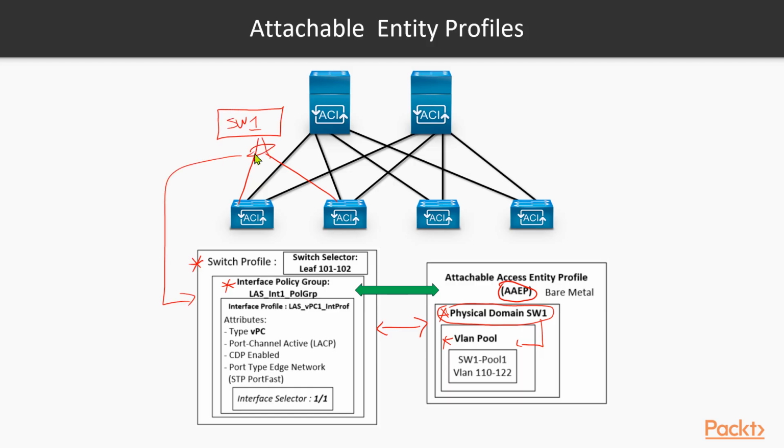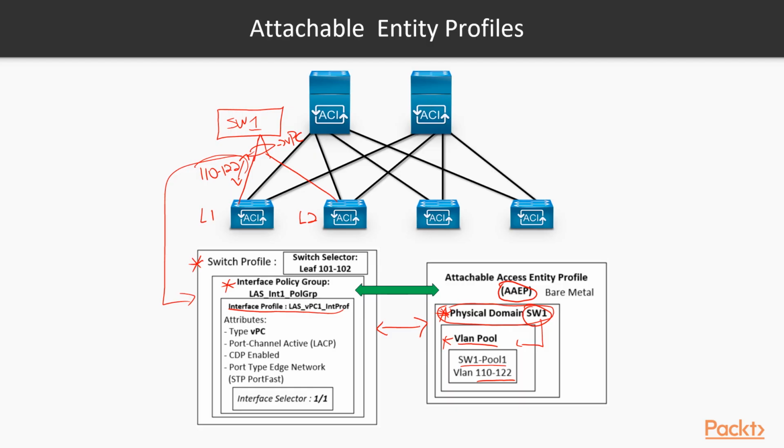In switch 01, we associated a VPC interface profile that allows communication from leaf 1 and leaf 2 to my switch, right? We then configure a physical domain named switch 1 and associated a VLAN pool with this particular range. So now we are allowing VLANs 110 through 122 on this VPC.